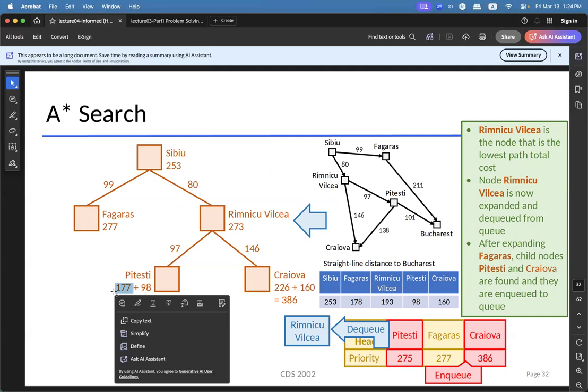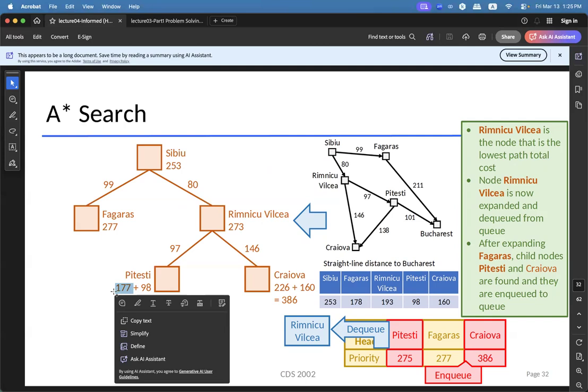And I have already told you that A-star search runs on this rule: you take the path cost and add it to the heuristic according to the heuristic function. Here the heuristic function is given to you as a table, and we see Pitesti, so we go look at the table.